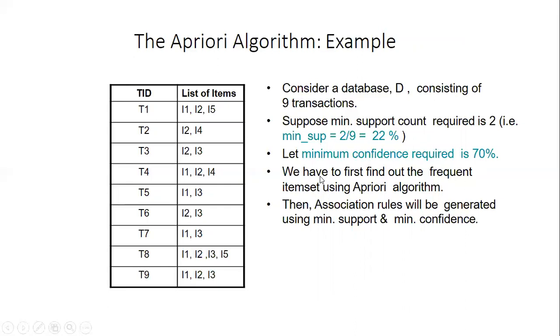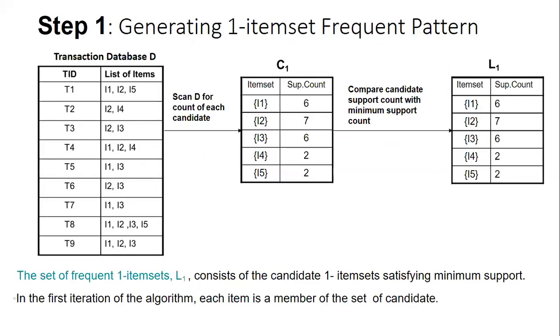First, in the Apriori algorithm, we have to find the frequent item sets, then the association rules. That is why I said in the previous slide that it is a two-step approach. The first step is to generate the frequent item sets. The second step is to generate the association rules, which we call strong association rules, using the metrics support and confidence. Hope you understood. We will start with the first step, the generation of frequent item sets.